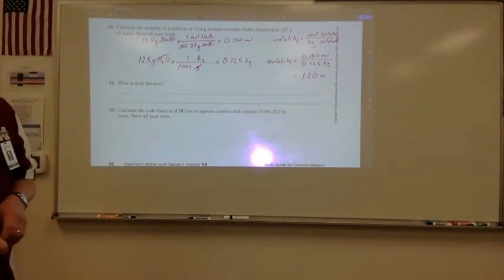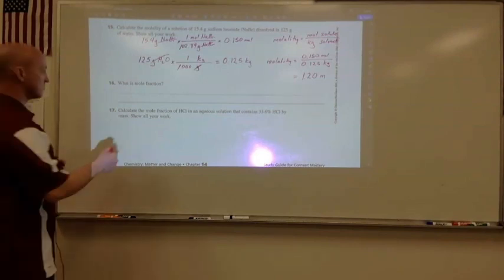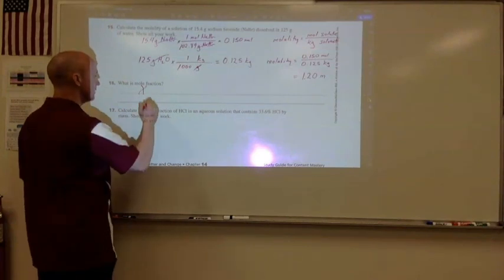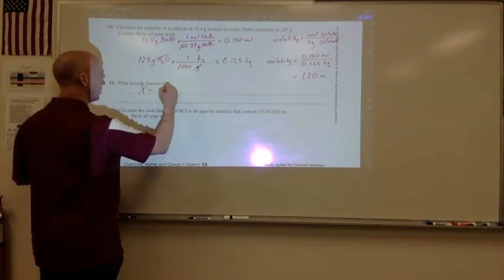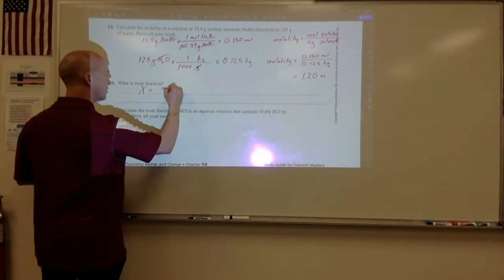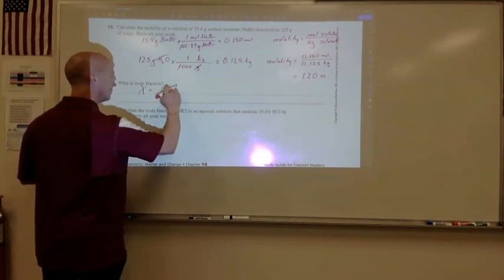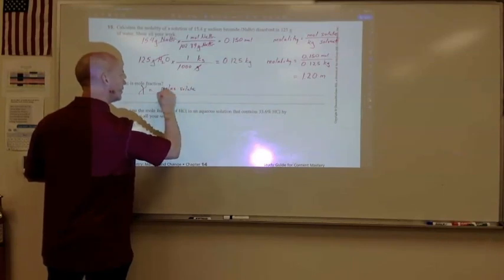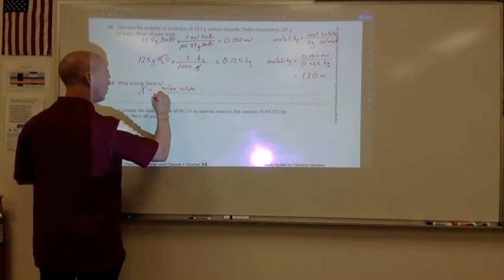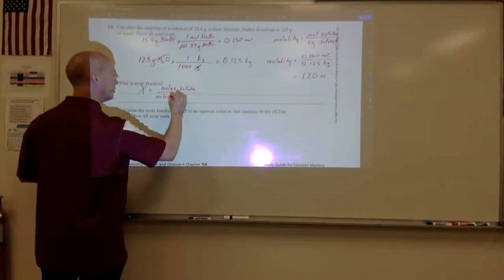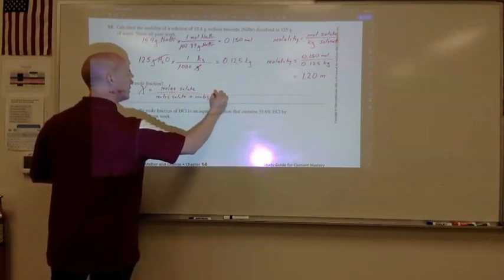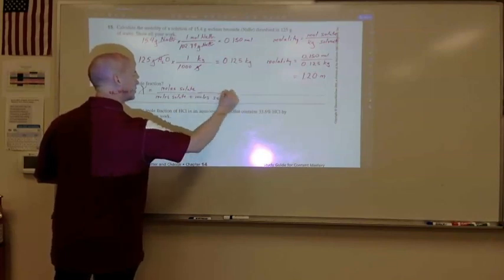What is mole fraction? Mole fraction is the ratio of the number of moles of solute. I'll write it this way. Mole fraction, this is the symbol we use, is the ratio of moles of solute over the moles of solute plus the moles of solvent in a solution.